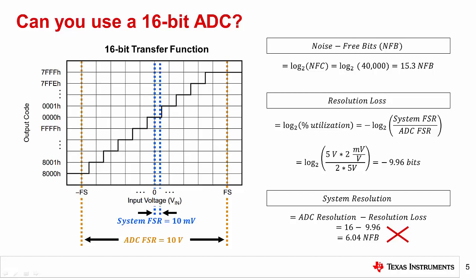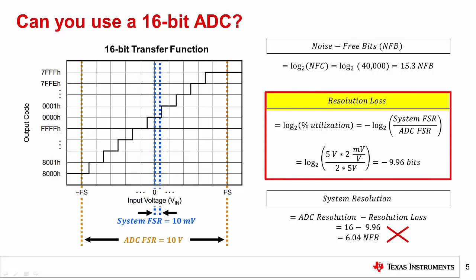However, if you don't use this entire range, you can only expect a fraction of the ADC's ideal performance. That fraction is referred to as the percent utilization, defined here as the ratio of the system's full-scale range to the ADC's full-scale range. In this example, the maximum input signal is only 10 millivolts, so we are only using 0.1% of the ADC's full-scale range.